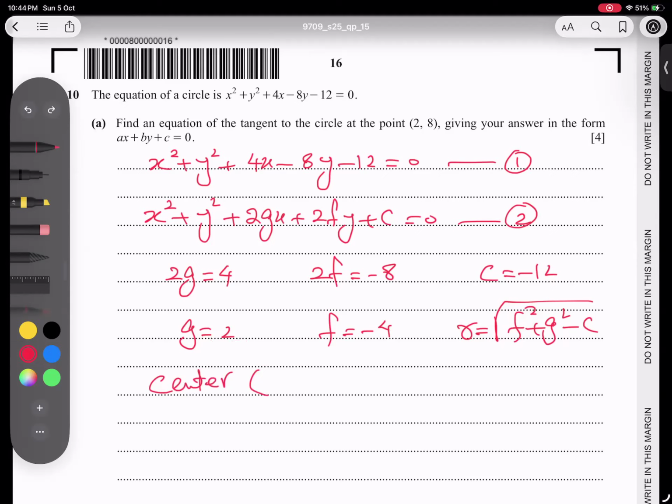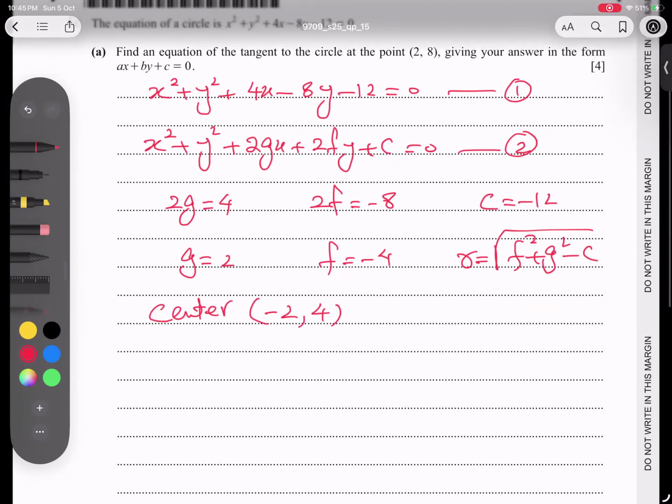So this 2 becomes -2 and -4 becomes +4. Every time for this kind of question, you have to make a sketch very close to accurate. Where is -2, 4? Somewhere here. And 2, 8 is somewhere here. So we have the center of the circle.